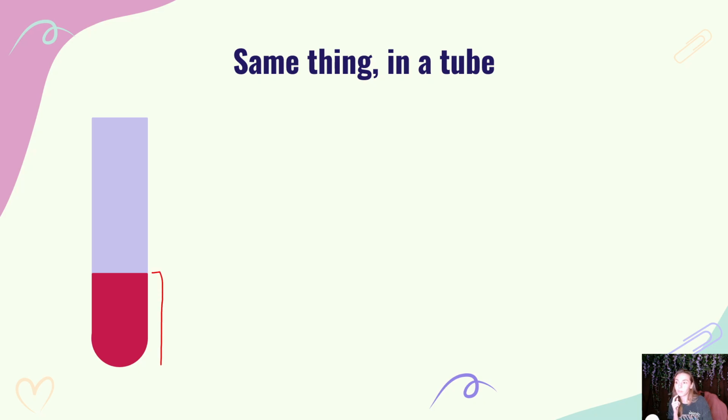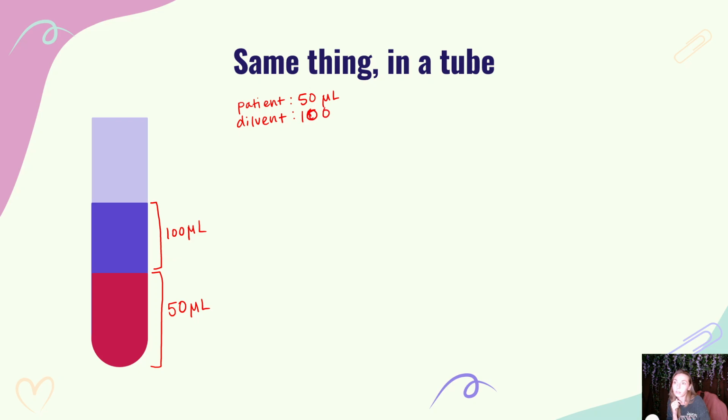Let's say I have 50 microliters, and I add, let's say, 100 microliters, right? So I have patient is 50 microliters, and my diluent is 100. Should probably try to make sure I can write 100 microliters.